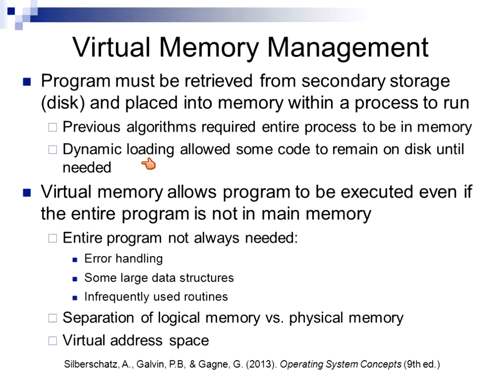The only exception was dynamic loading, where we had some code remaining on disk and then loaded in as needed. With virtual memory, we're going to be able to execute a program even though the entire program is not in main memory.